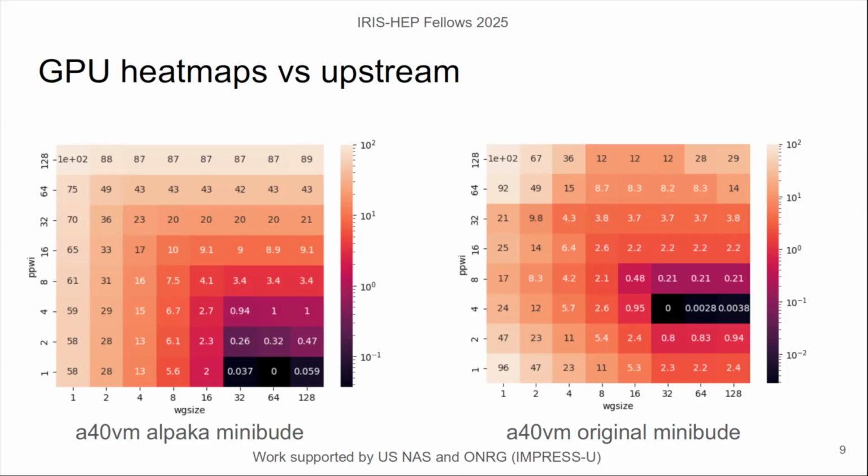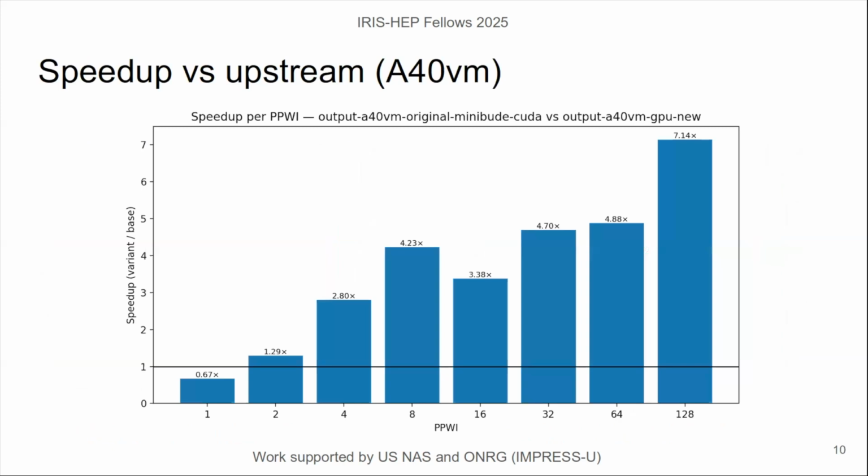So we still need to investigate. Here we collapse the heat map by taking, for each PPVI, the best VG size and plotting the speedup against the original CUDA version.